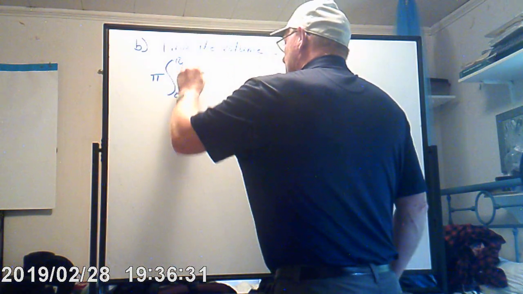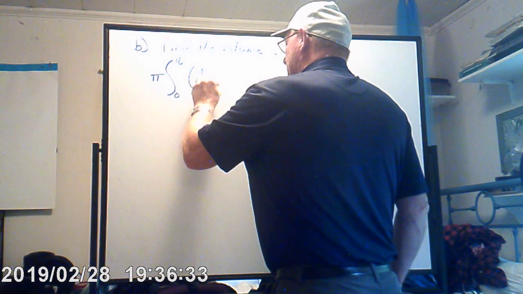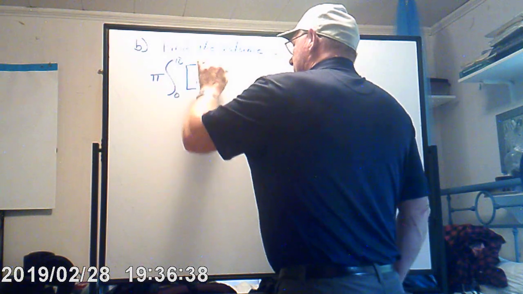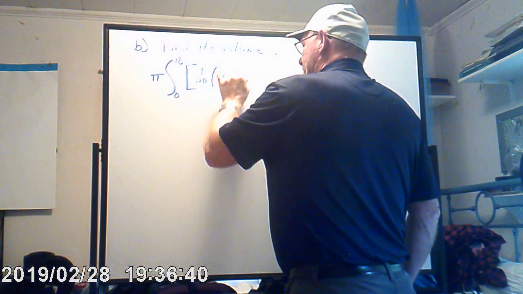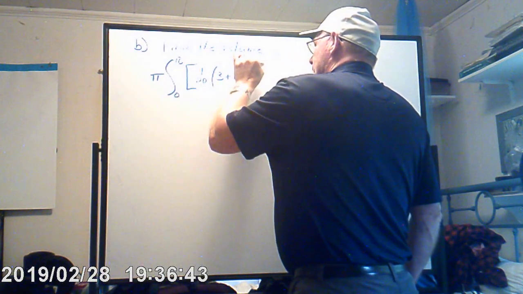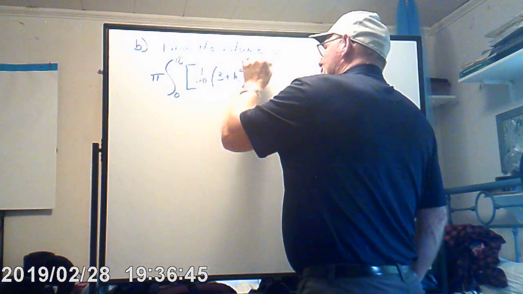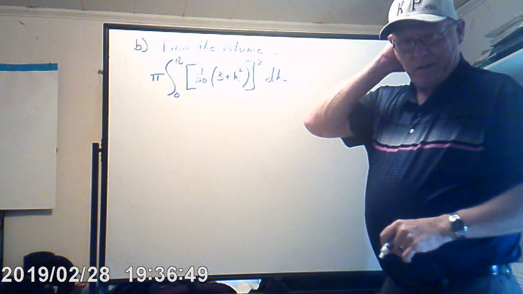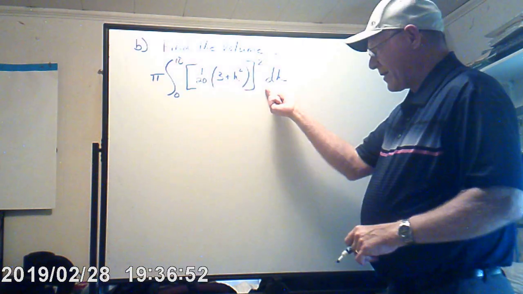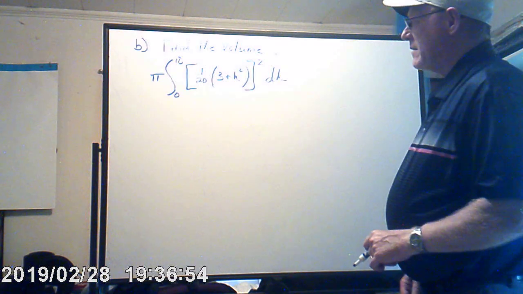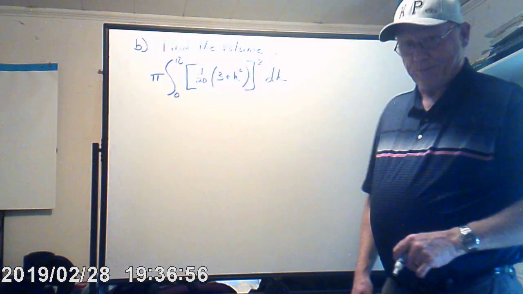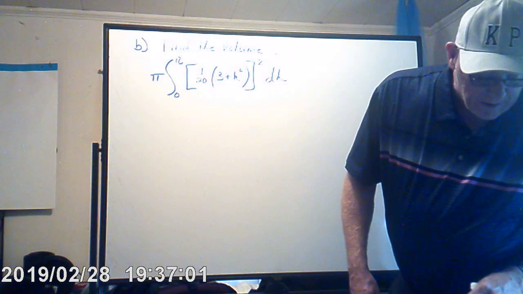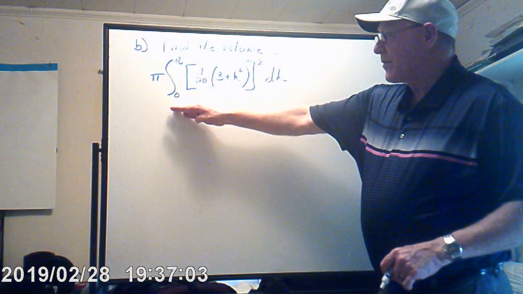That is 1 over 20 times 3 plus h squared, and all of this is squared, and then dh right there. The integrand is the thickness right here. Alright, there you go. Let's take a look at this here.